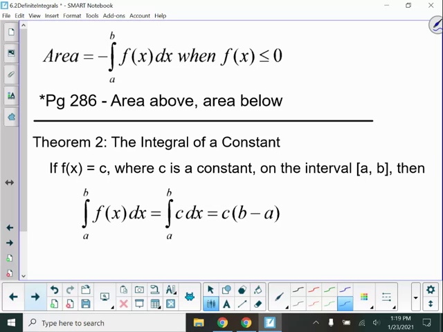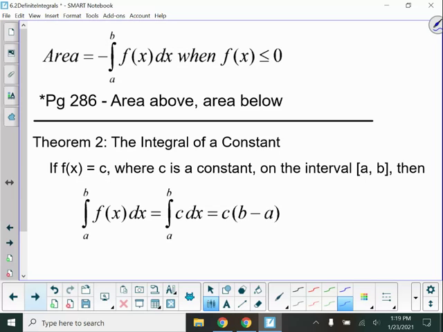And then we have theorem 2, the integral of a constant. So if f of x is equal to some value c, where c is a constant, on your integral a to b, then the integral from a to b of f of x is equal to the integral from a to b of c dx. And when you integrate that, it's the same thing as c times b minus a.